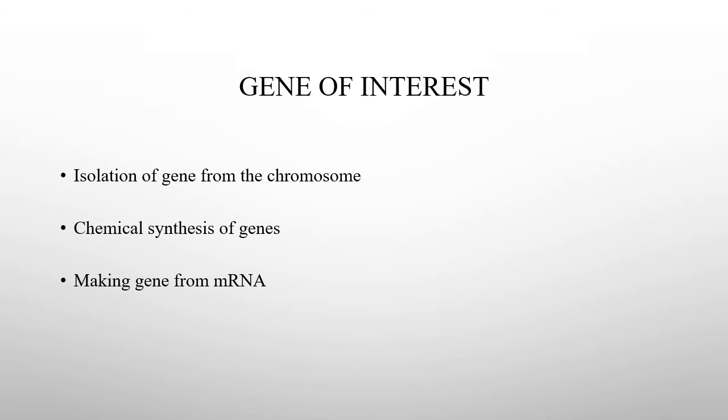There are different ways in which we can isolate the gene of interest. Firstly, a gene can be isolated from the chromosome by cutting the chromosome on the flanking sides of the gene. Special enzymes called restriction endonucleases are used to cut the genes.